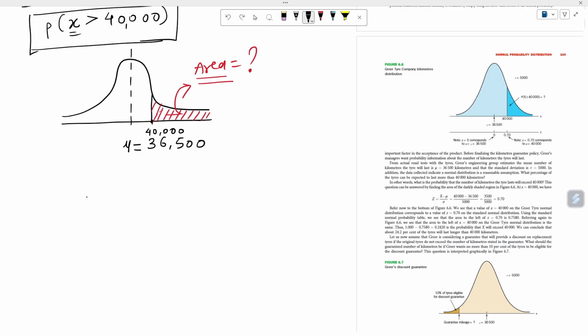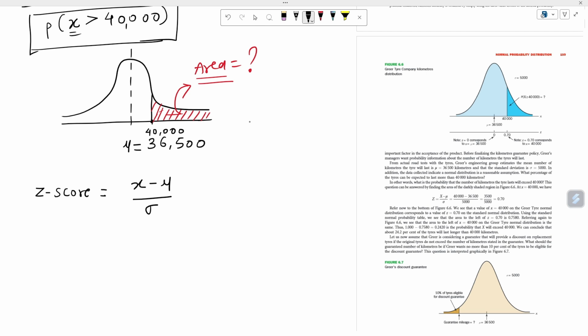To calculate the area, we have the formula of the z-score to identify the probability. The z-score is going to be x minus mu upon sigma.